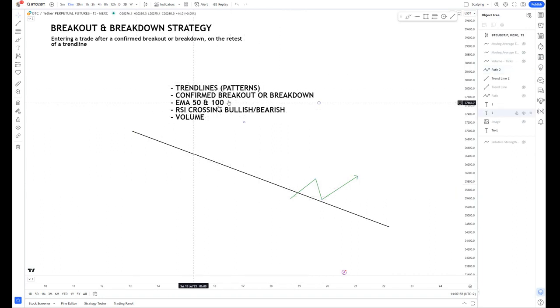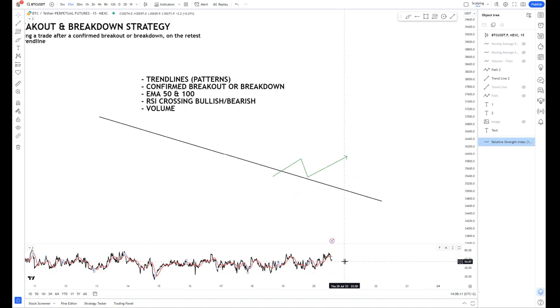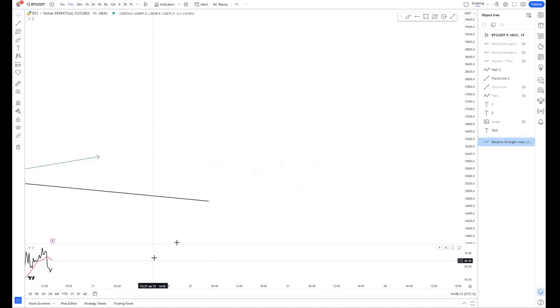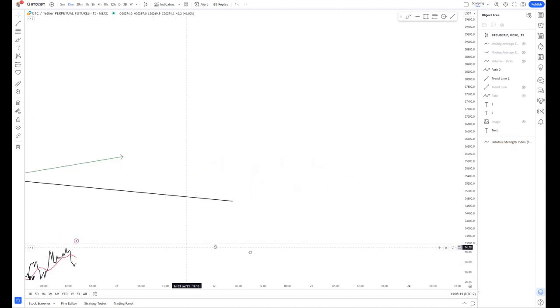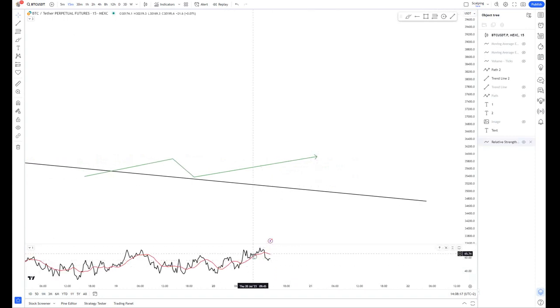And also, like I said, I would be looking for an RSI crossing bullish or bearish, which means nothing more than, let's see where it is. There it is. What you will be looking for is that if you are shorting, that there was also a bearish cross on the RSI, like here.